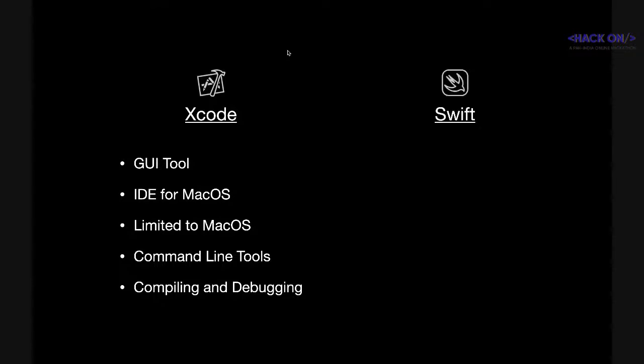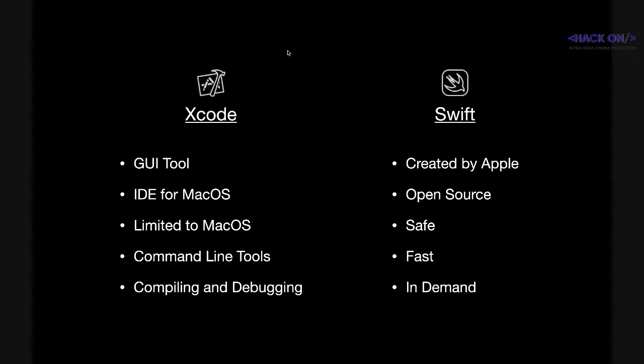Then there is a language called Swift, created by Apple in 2014. Before that, all the applications were using the Objective-C language. Then Apple came with their own language called Swift, and now they are on Swift 5.2, and it's pretty stable. They made Swift open source in 2015.